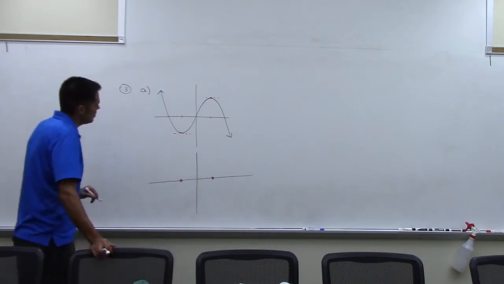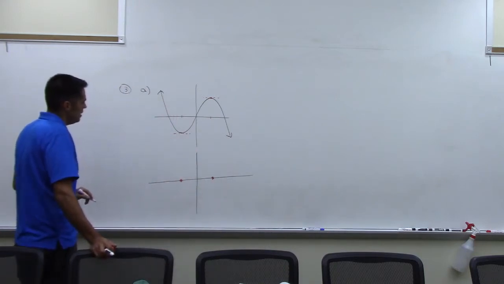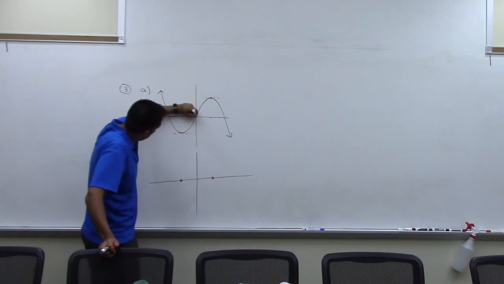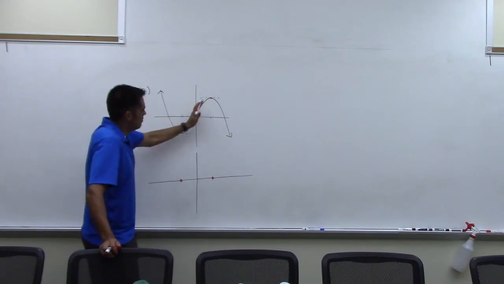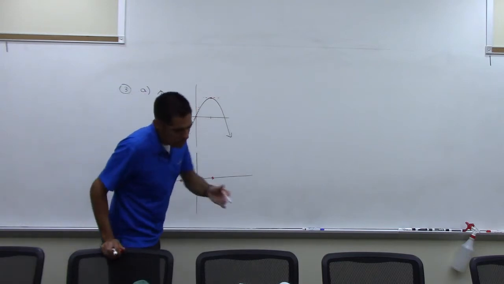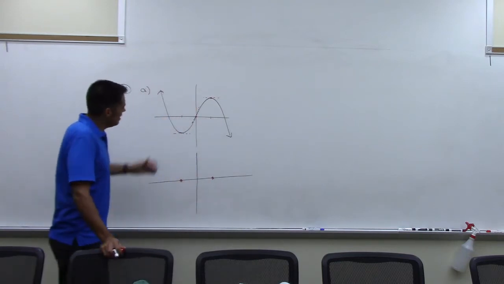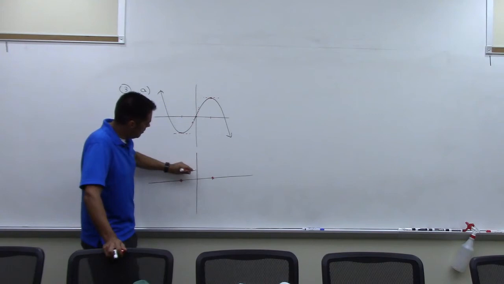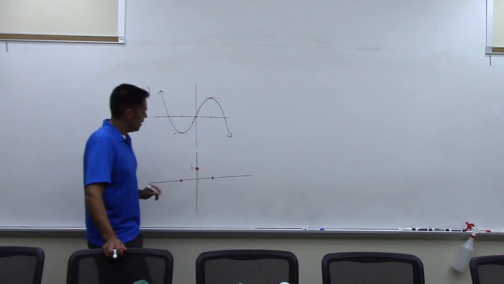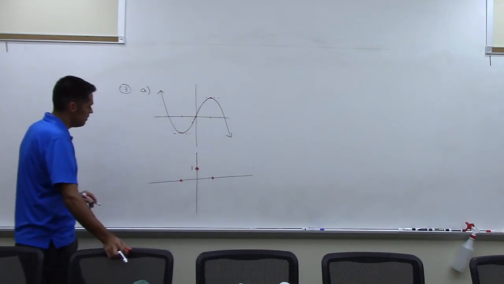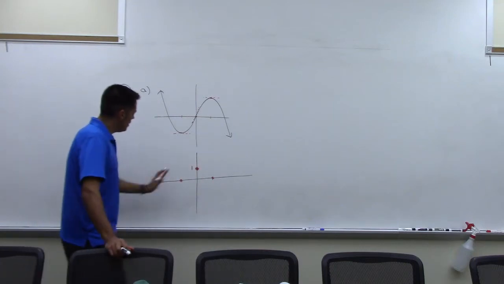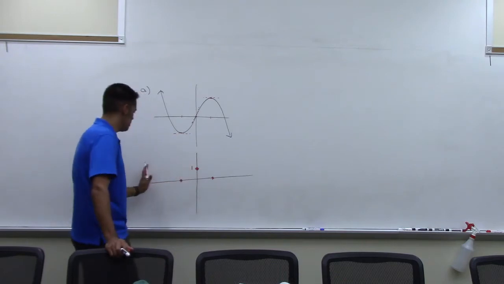Now let me look at any other points that might be easy to get. How about at 0? The slope of this tangent line looks about 1. The picture drawn there might be better; maybe it's 1, maybe it's 2. Let's just say it's about 1, right there. Okay, so I know those points for sure are on my derivative graph. Now let me look to the left of this point.